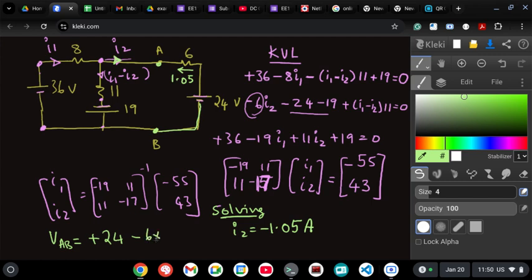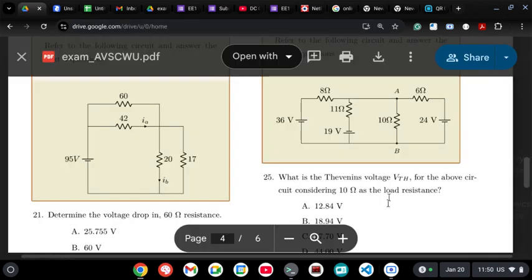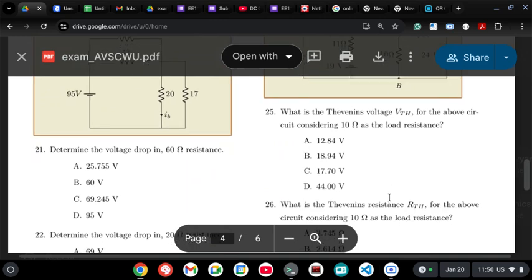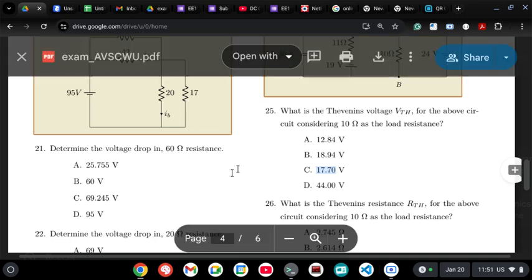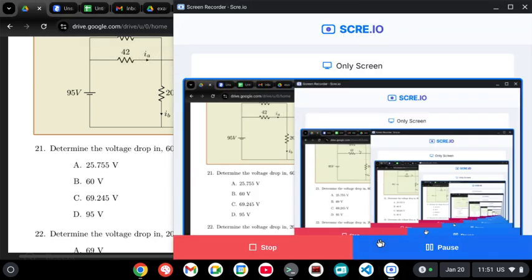So minus 6 into 1.05. 24 minus 6 is 18, so the answer will be slightly less than 18. 18.94 is more than 19, so C is the answer, 17.7. I think I've taken about 10 minutes to solve it.